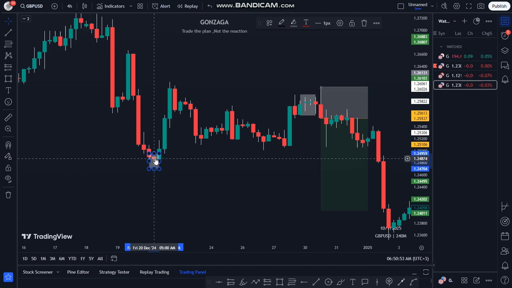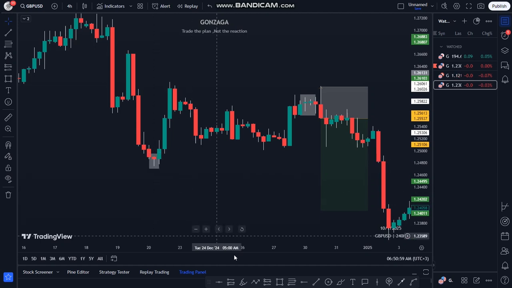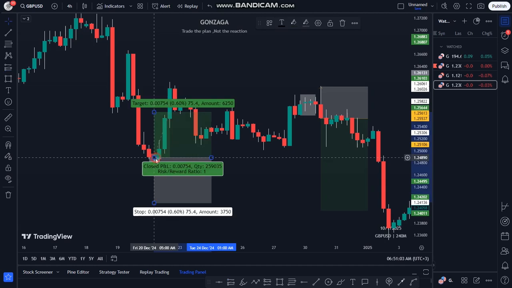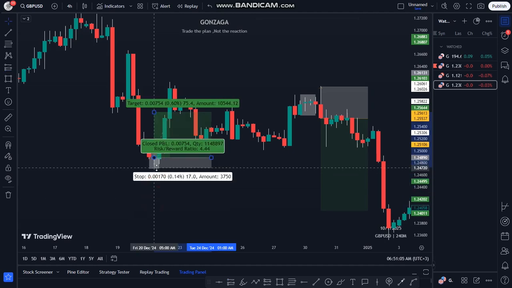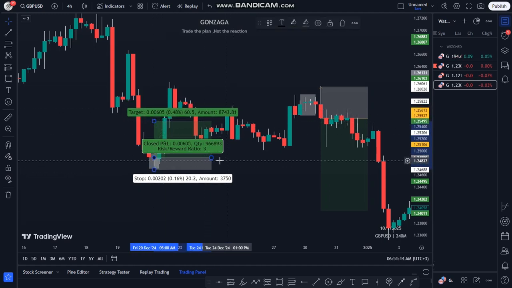After it prints, it shows you that yes, we have been selling, but buyers are trying to dominate the market. So after seeing that, you can place your position here, place your stop loss below that candle, right? And you can place a 1 to 3. Simple things. Take that money.